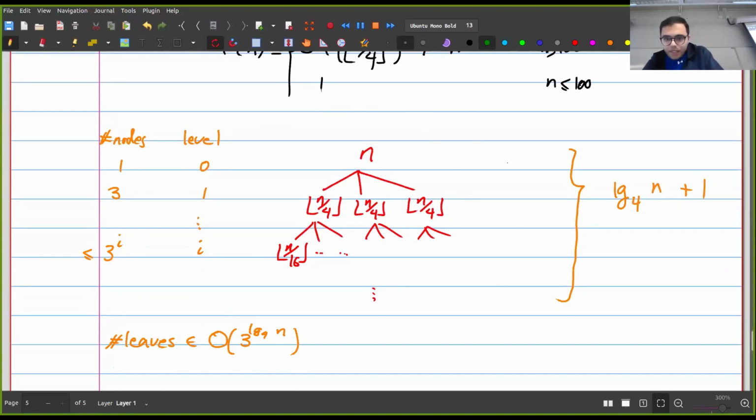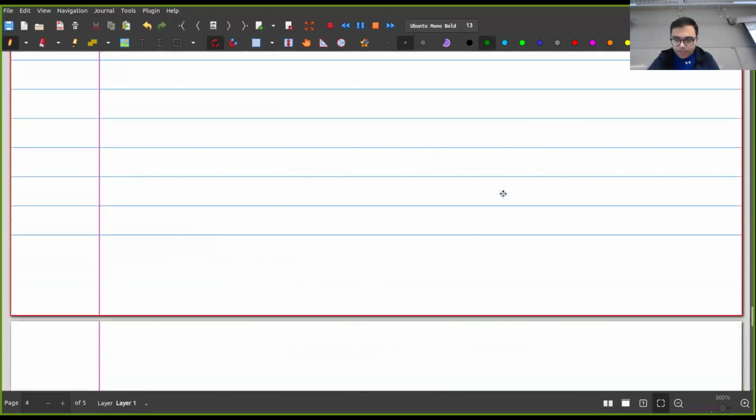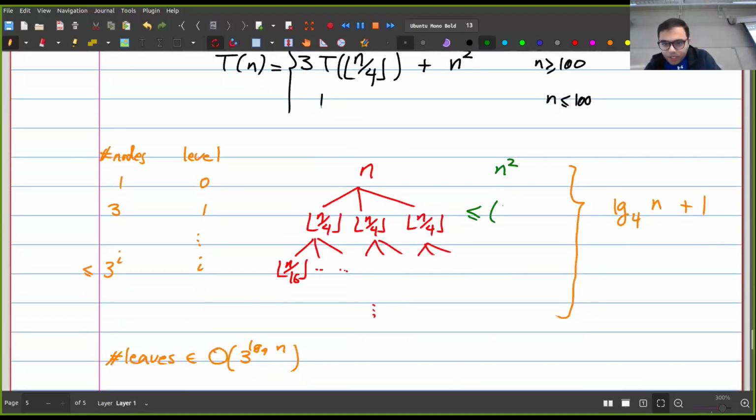Here I have a cost of n squared at this node. But then at any of these nodes, I'm going to have a cost of floor of n over 4 squared, right? So I cannot say that my cost is exactly that much, but I can say that my total cost at this level is at most, what was it? 3/16 of n squared. And then in general, I can say that at level i, my cost is at most 3/16 to the power of i times n squared.